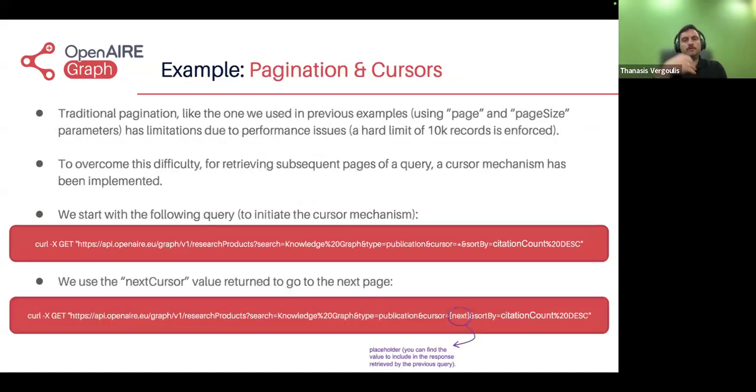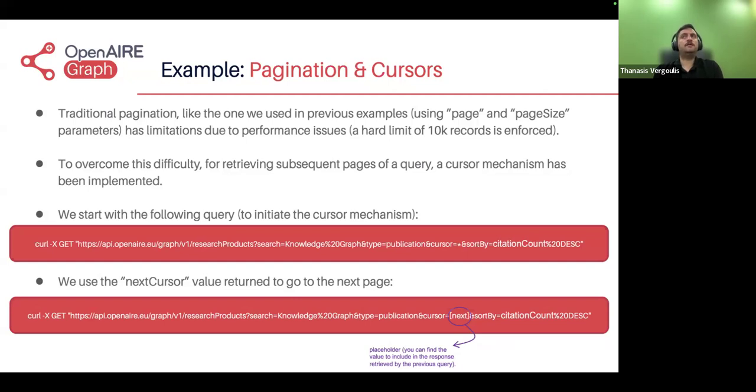Something important that I mentioned in the beginning is that one very important implementation was the cursor implementation. Traditional pagination, like the one that we used, where we use the page and page size parameters, has some limitations. It creates performance issues.